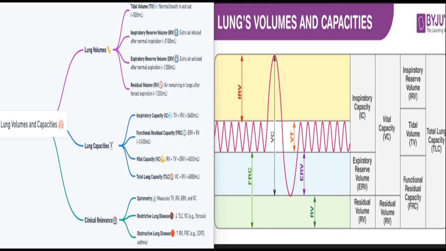There are some indications for pulmonary function testing, like the evaluation of pulmonary symptoms and signs, such as chronic cough, shortness of breath, and unexplained hypoxemia, and screening for asymptomatic disease like occupational exposure and chronic smoking, and also quantification of severity of respiratory disease.